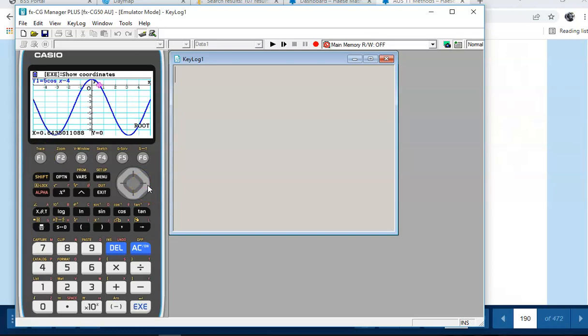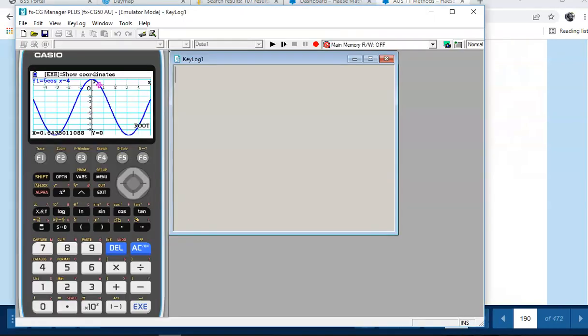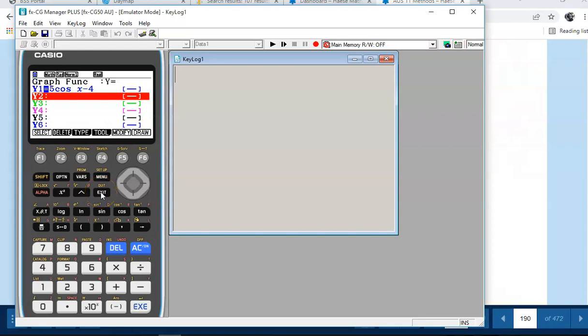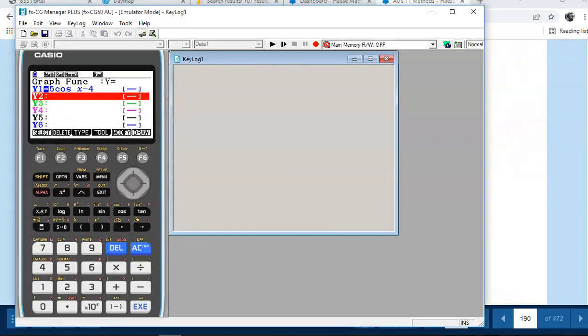Let's try tan. So has anyone not got that? Try tan, and then we will do the impressive ones. So 2 tan x plus 13. Now, when you have lots of graphs in there, especially in a test, you might have lots of graphs and you don't want to keep retyping.